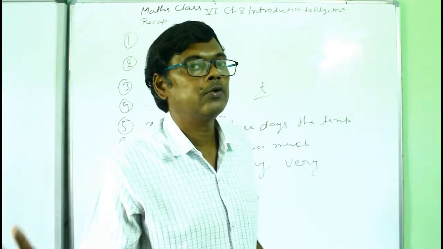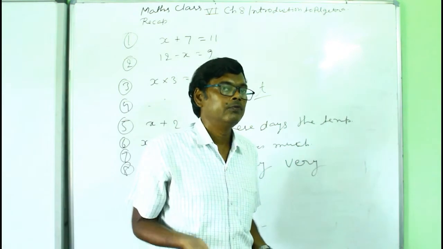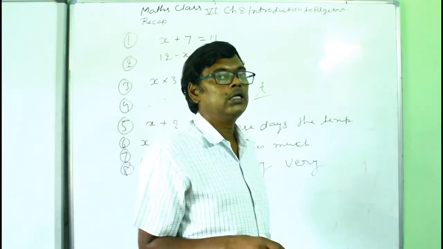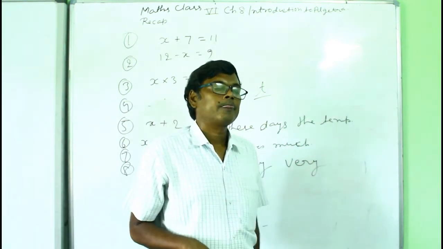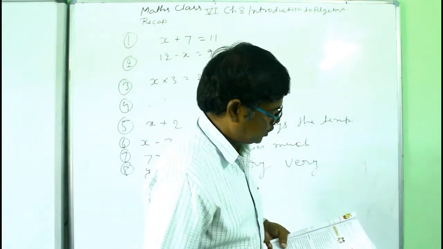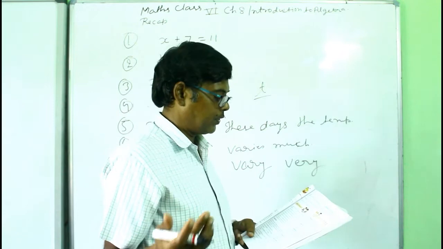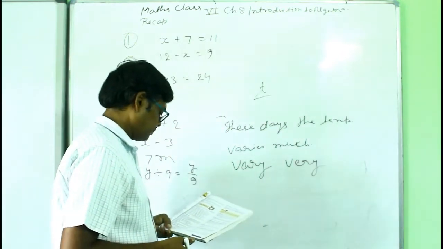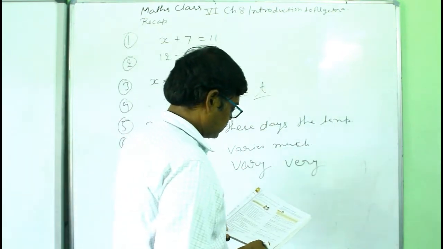And here the symbols are what? The English alphabet. The most frequently used variable names are the English alphabet. So here we will use variables like x, y, and z, etc. So they are called the variables.